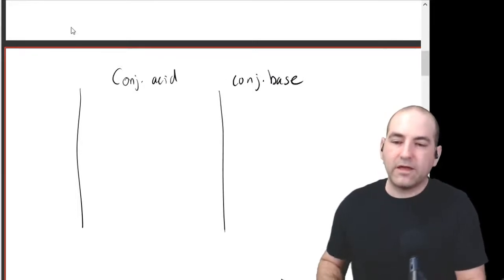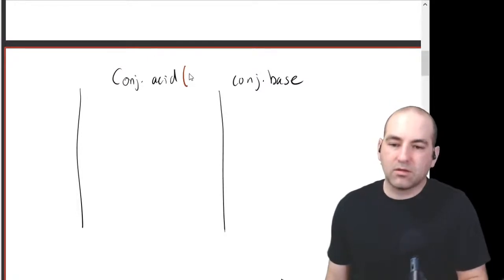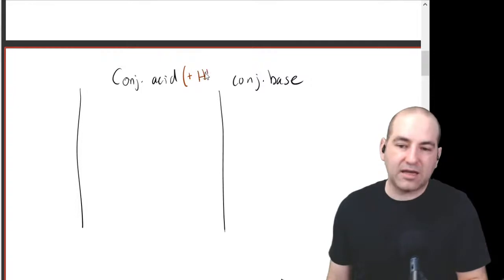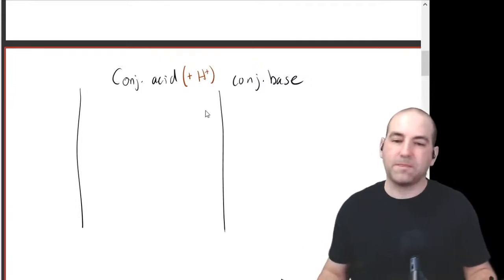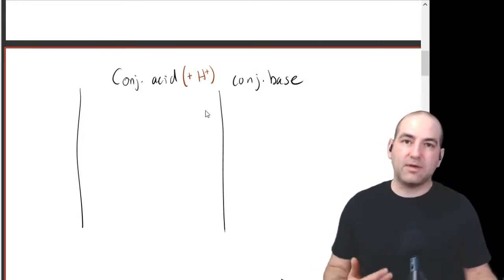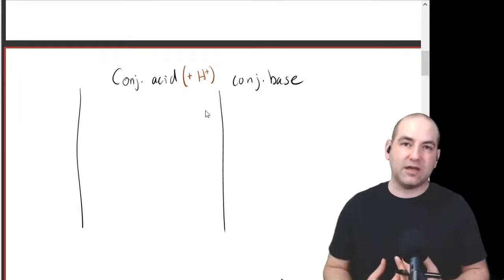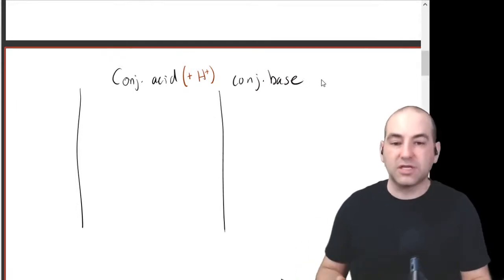And to remind ourselves how this works, let's just put that right here: when we make a conjugate acid, that means that we're adding hydrogen. So if the molecule is acting as a base, and I know this can be confusing, go back and replay it if you need to, it's accepting that hydrogen to form a conjugate acid. So the conjugate acid has more hydrogen. If it's forming the conjugate base, it's losing hydrogen to do that.